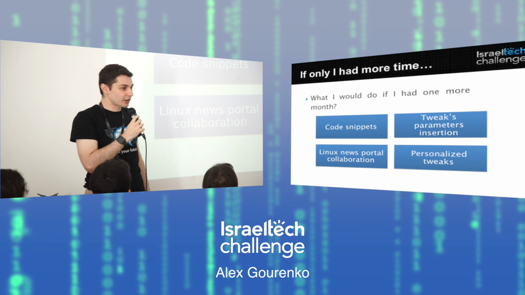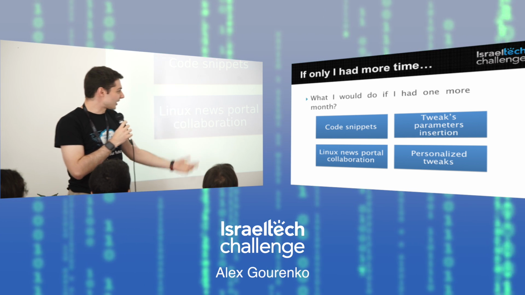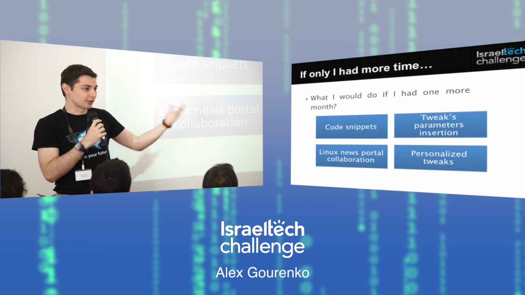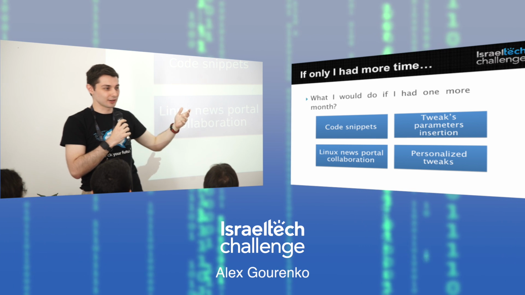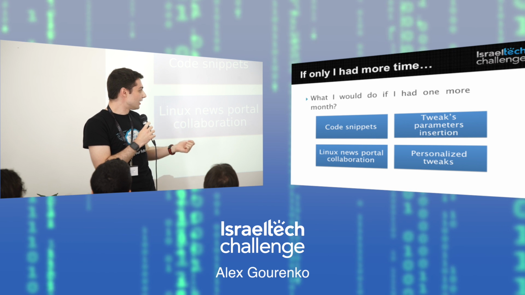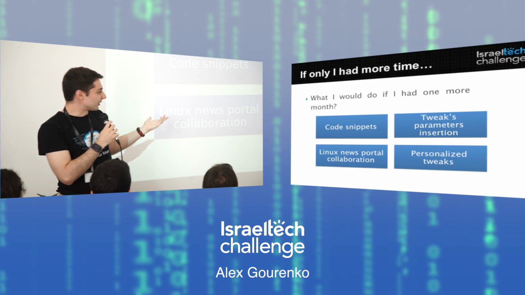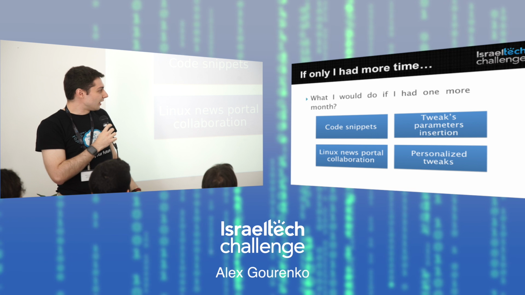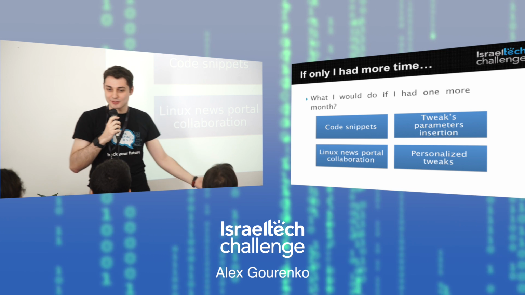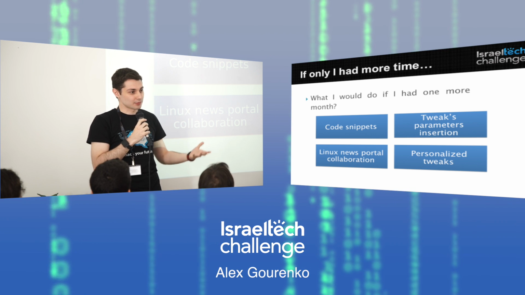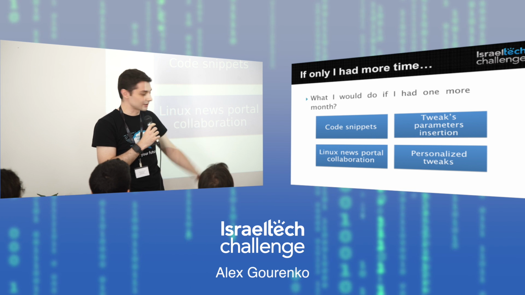Linux news portal collaboration would obviously be a good step forward, because they always post the direct code and it's scattered, and you have to copy-paste it all the time. It would be good for them to compile it in one place. And personalized tweaks, because sometimes generic things just won't do, and you want to tweak things for yourself and keep it that way. So this is going to be next.